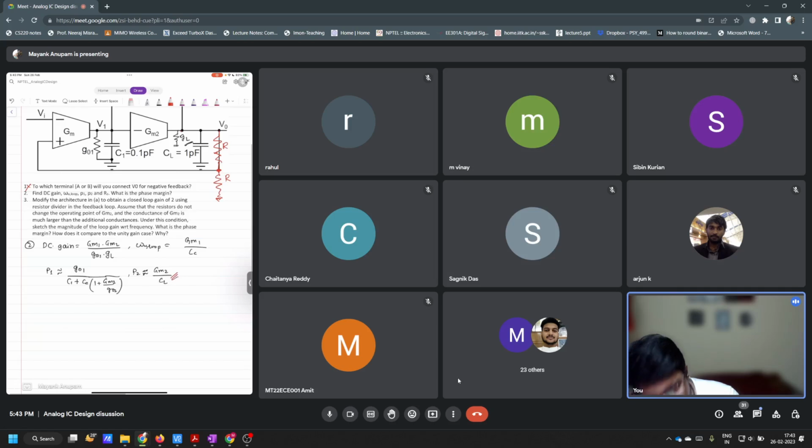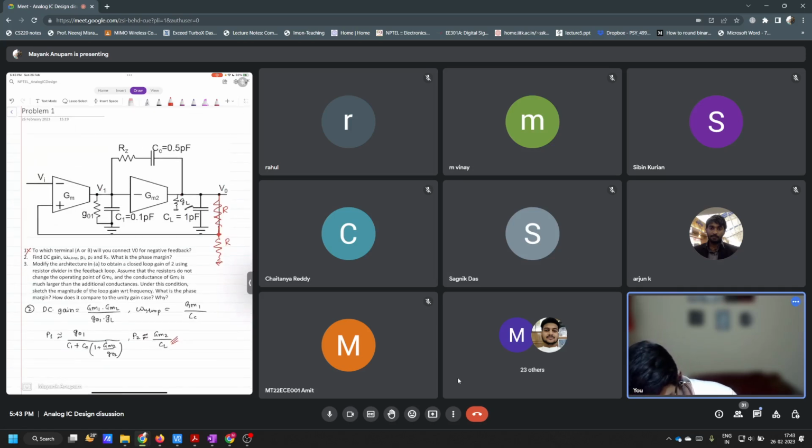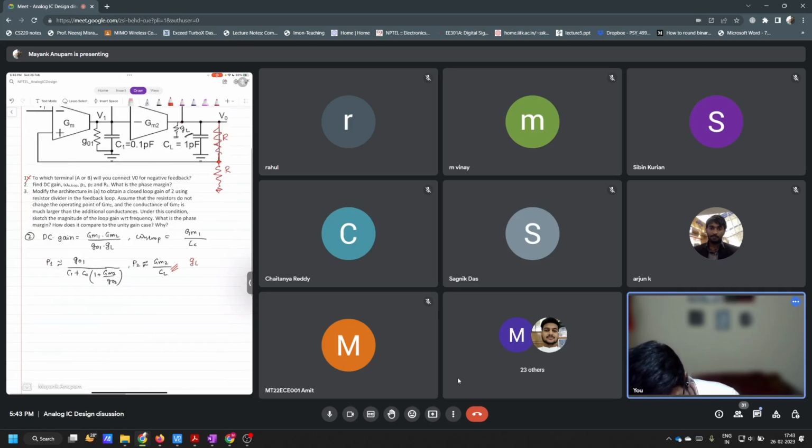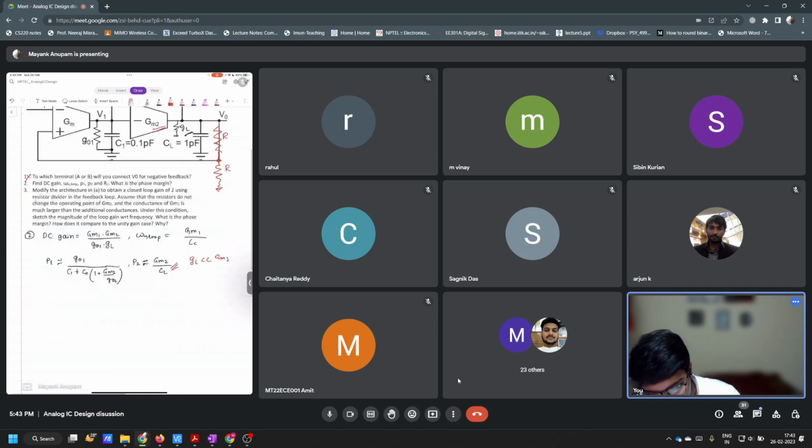Approximately it is gm2 by CL for P2, but that is under the approximation that GL is much less than gm2, right? And whatever else is connected here is much less compared to gm2. That is the approximation here, right? But if this gm2 becomes comparable to 1 over R, then you cannot make that approximation. So that is why it will affect, but only slightly.